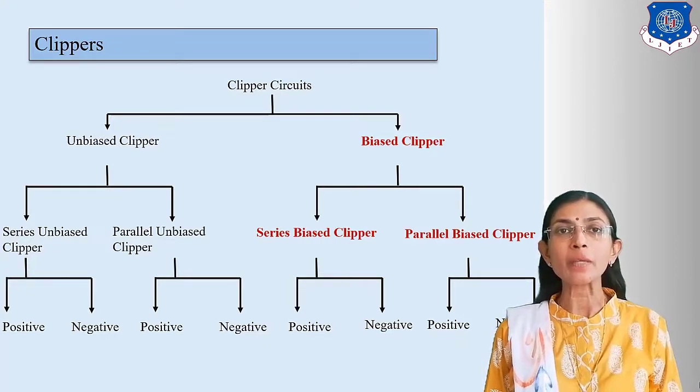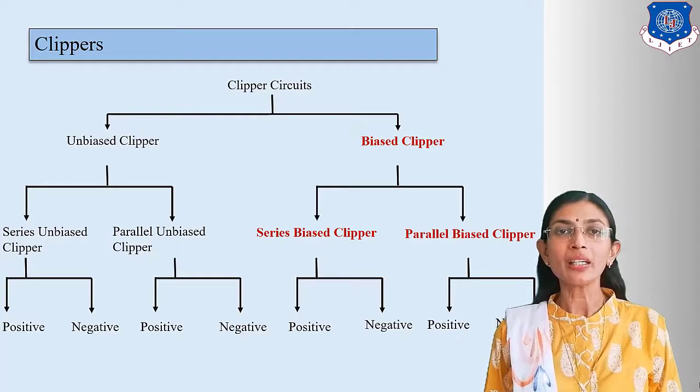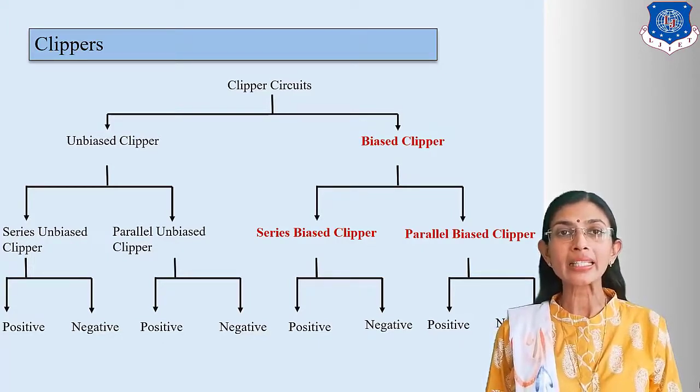There are two main types, unbiased clipper and biased clipper. In the unbiased clipper, no external DC supply is applied, but in the biased clipper we connect one more DC input, or reference DC supply, externally. Again, unbiased and biased clippers are classified as series and parallel clippers according to the position of the diode in the circuit diagram.